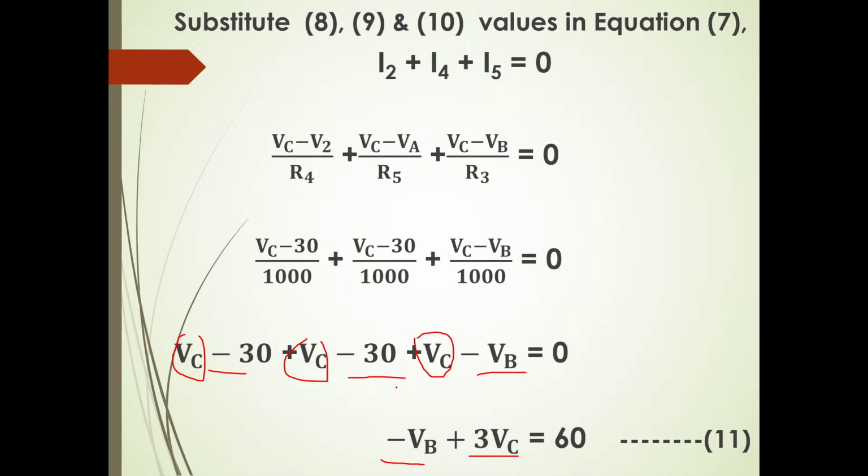Send that minus 60 to the right side, it will become plus 60. This is plus 60. Consider it as equation number 11. If you have completed, please mention.